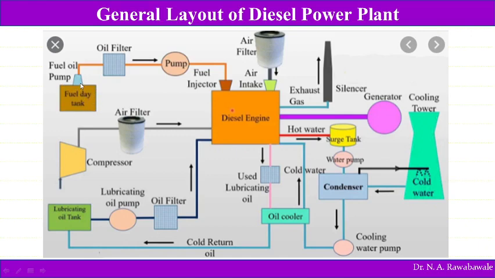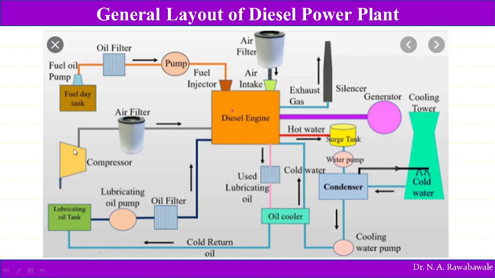From this fuel tank, the fuel pump supplies the diesel through the oil filter to the fuel injector of the diesel engine. The fuel supplied from the fuel tank is first filtered, then with the help of the fuel pump it is injected into the engine cylinder. For combustion, air is required, so air is supplied from here. For supercharging, compressed air is also required.